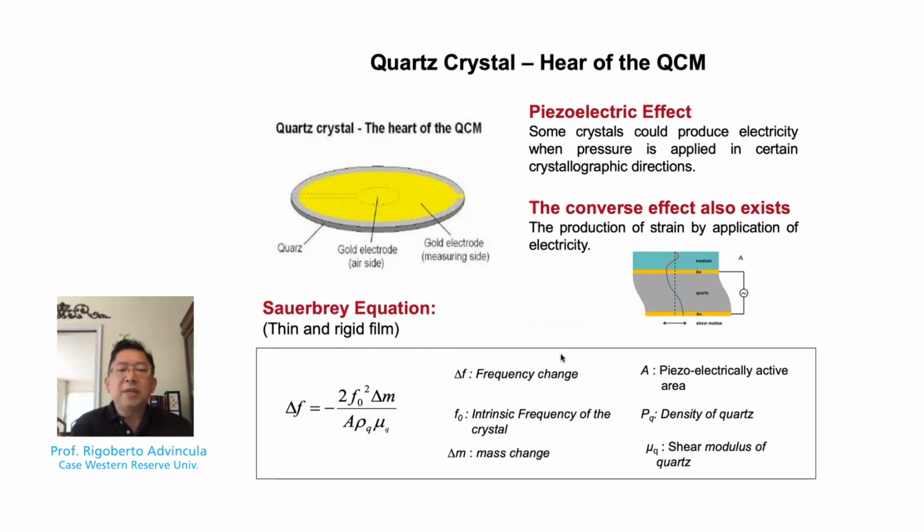All of those are basically constants when referring to a specific substrate, and then there is the delta M, or the mass change. In other words, the frequency shift can be directly related to the mass change with a specific constant. This simplified correlation makes the QCM widely useful for mass deposition monitoring, even to the degree of nanogram scale.